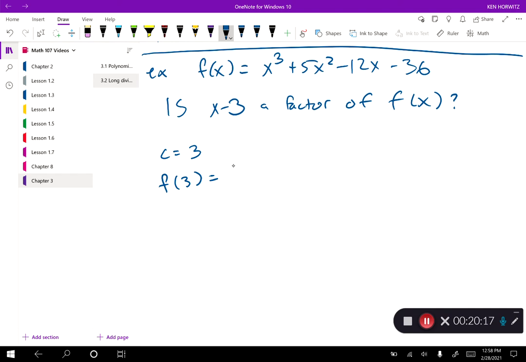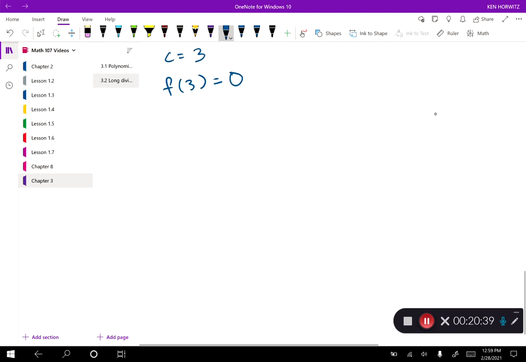All right, so hopefully you took the time to work out f of 3. I actually got 0. So according to the remainder theorem, our remainder should be 0, which means that we are planning on saying yes to this question. Now, what's the easiest way to check that? The easiest way to check that is to do the long division. So let's set it up.